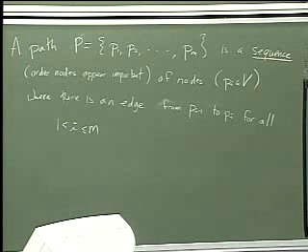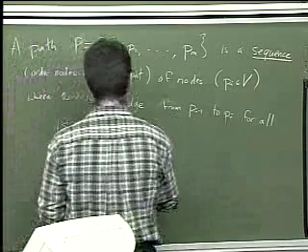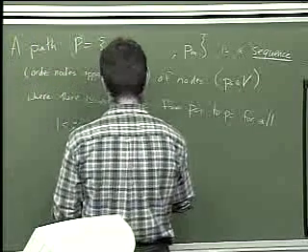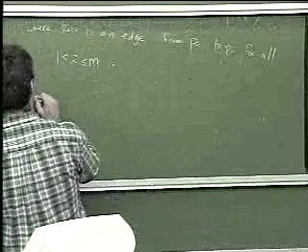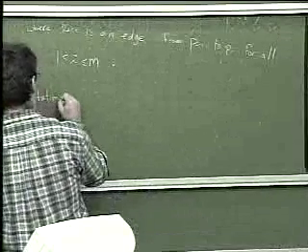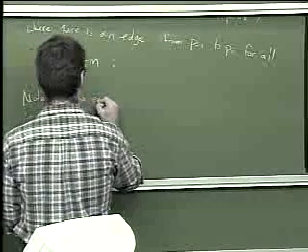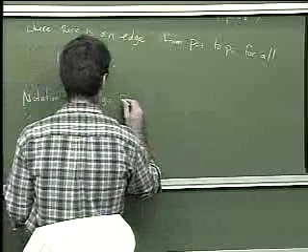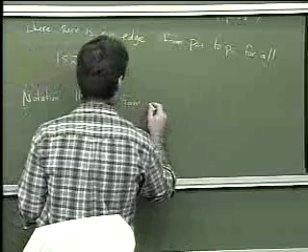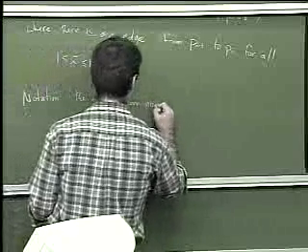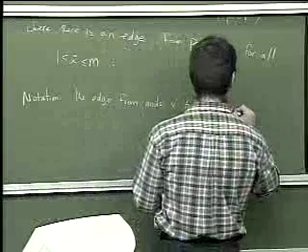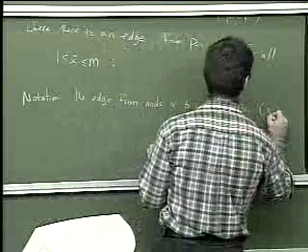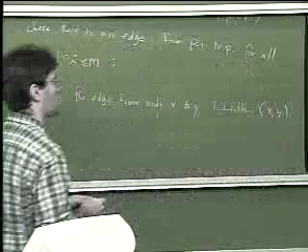Okay, one thing I forgot to mention, just some notation. The edge going from node x to y is written x comma y.